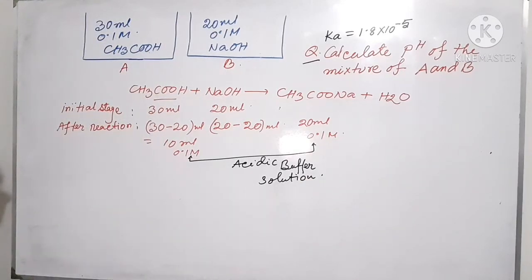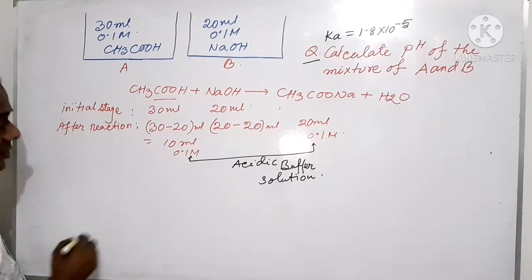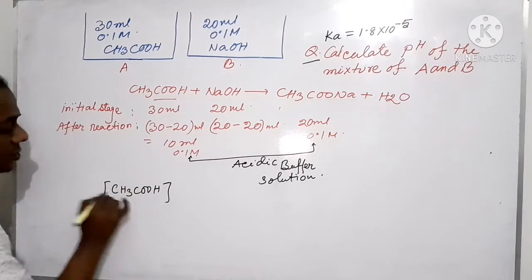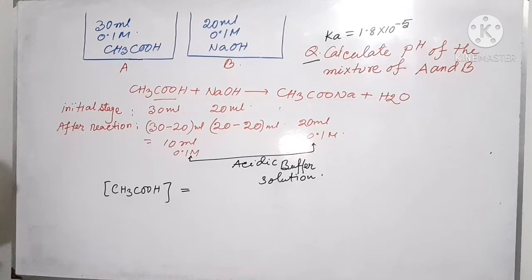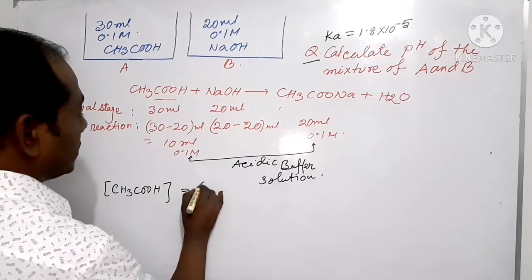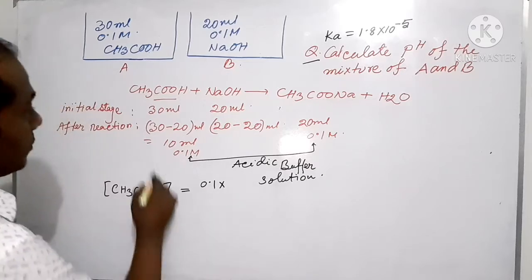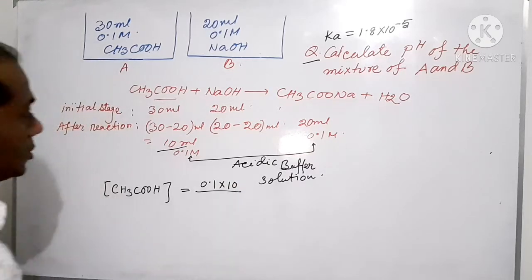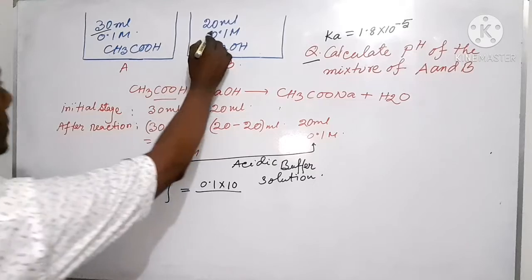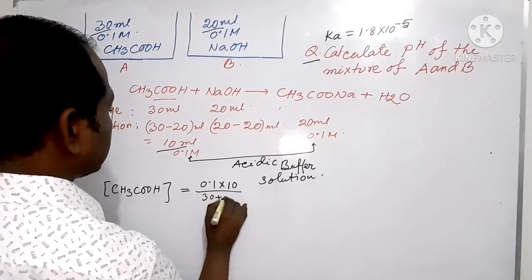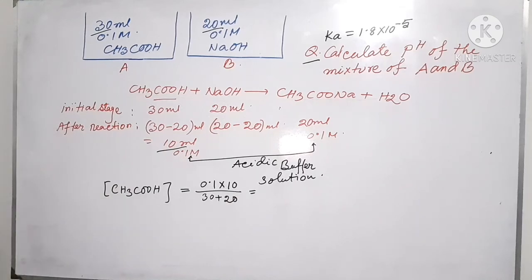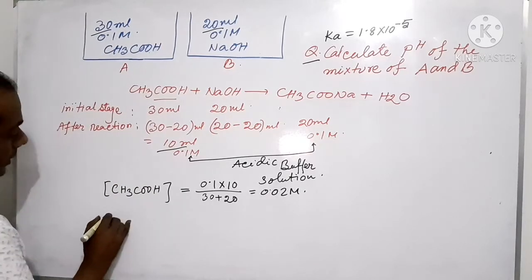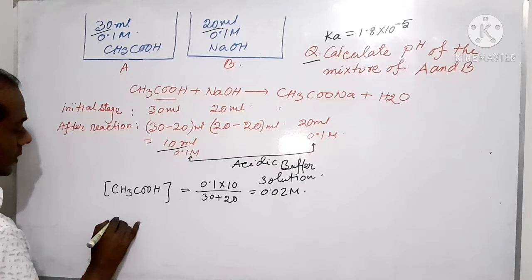In this mixture, the concentration of acetic acid CH3COOH is 0.1 into volume of acetic acid 10, divided by total volume 30 plus 20, and we get the value 0.02 molar.